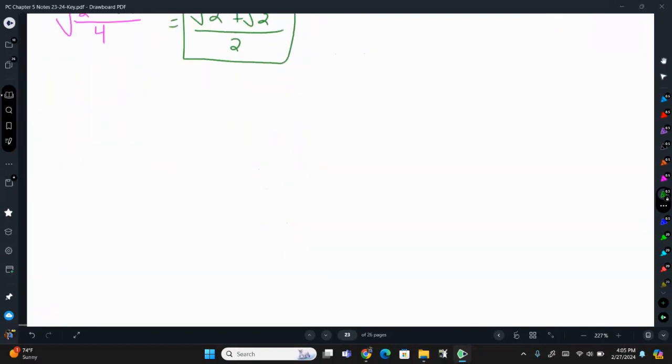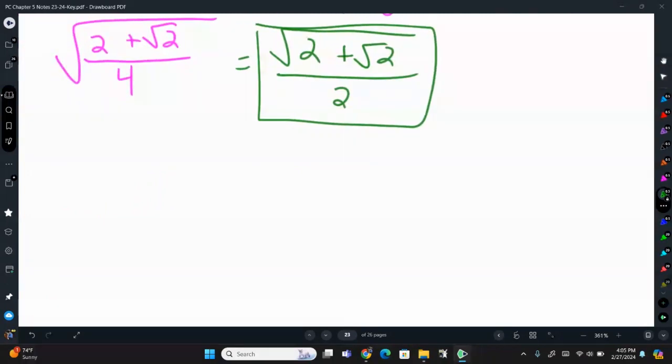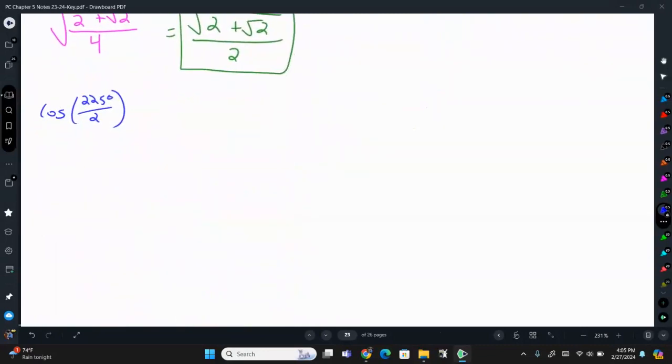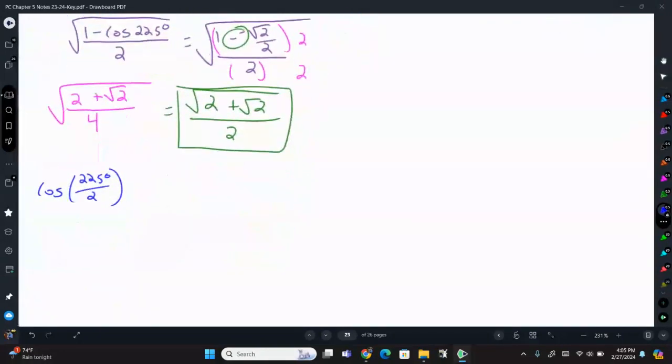So now cosine. Cosine of 225 degrees over 2. And because our angle is in quadrant 2, cosine is negative, so we're going to use the negative formula.